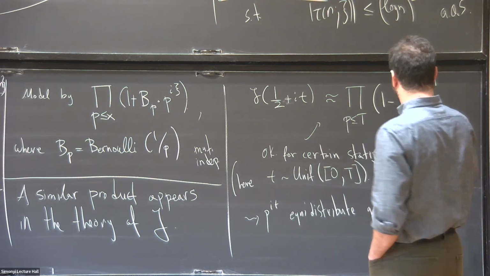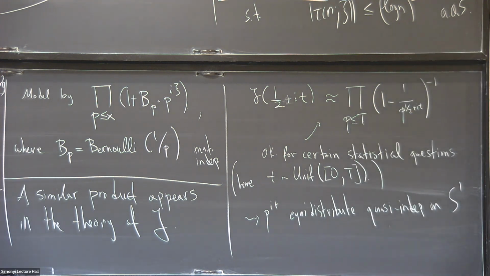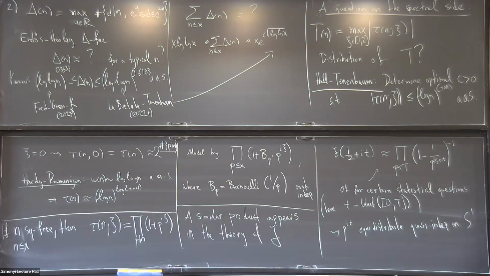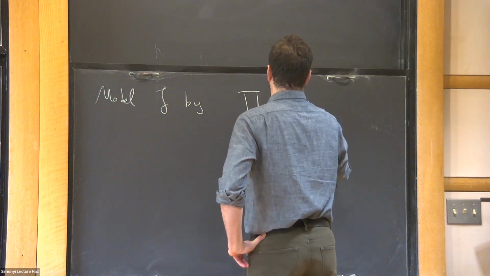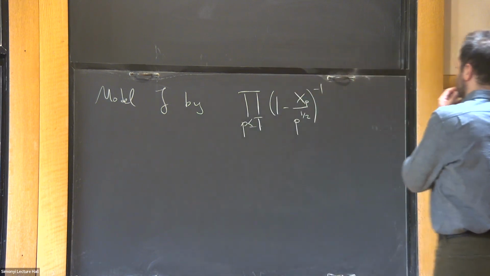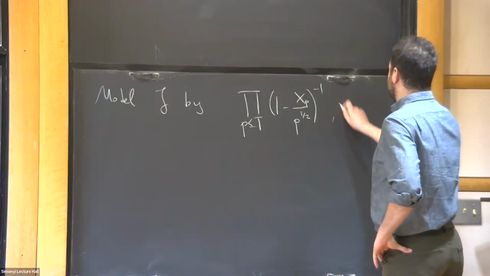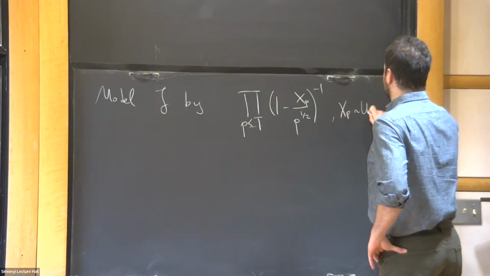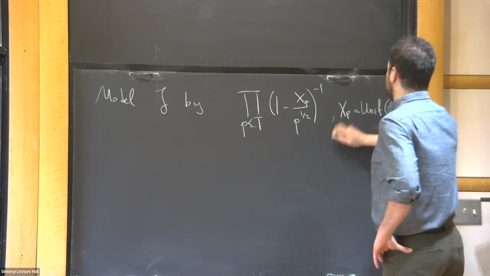So I can model zeta by the Euler product over p up to T of 1 minus X_p over p to the 1/2, where these X_p are uniformly distributed on S^1 and mutually independent.